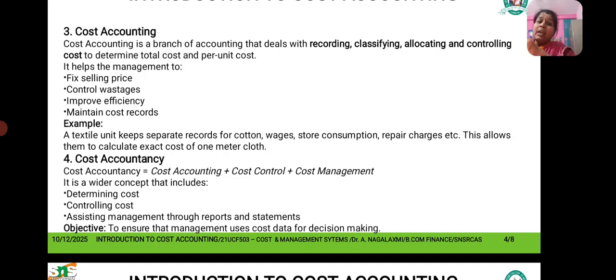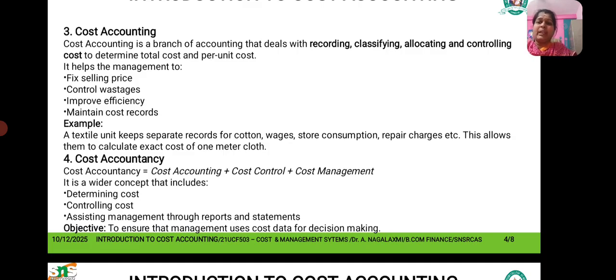This cost accounting helps the management in various ways: in fixing selling price, in controlling wastages, in improving efficiency, and in maintaining the cost records. An example is given for that. A textile unit keeps separate records of cotton, wages, store consumption, repair charges, etc. This allows them to calculate the exact cost of 1 meter of cloth.